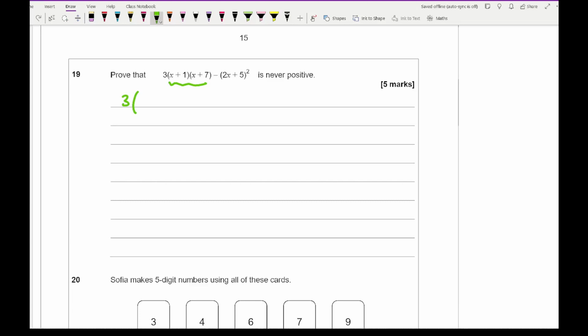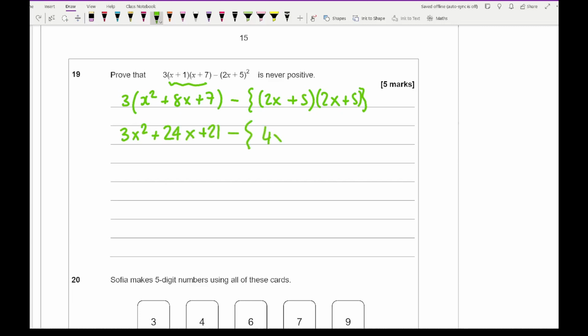So if I expand these two brackets, I get 3x squared plus 24x plus 21, and that's minus, and then if I put this in double brackets, (2x plus 5)(2x plus 5), I get 4x squared plus 20x plus 25.